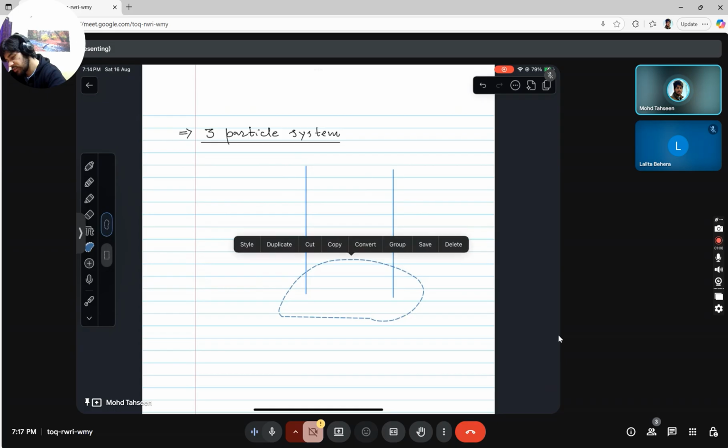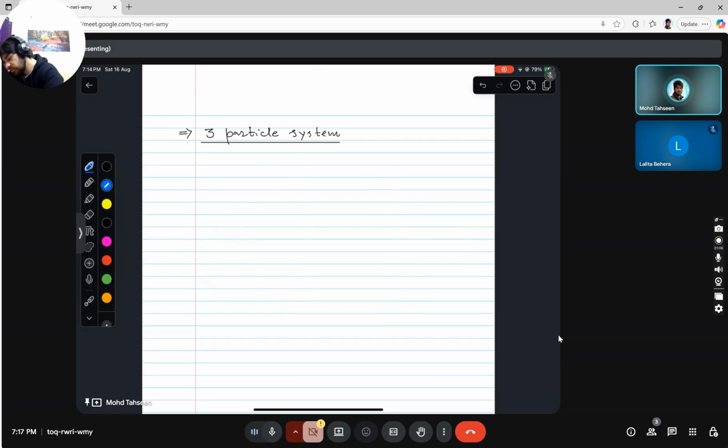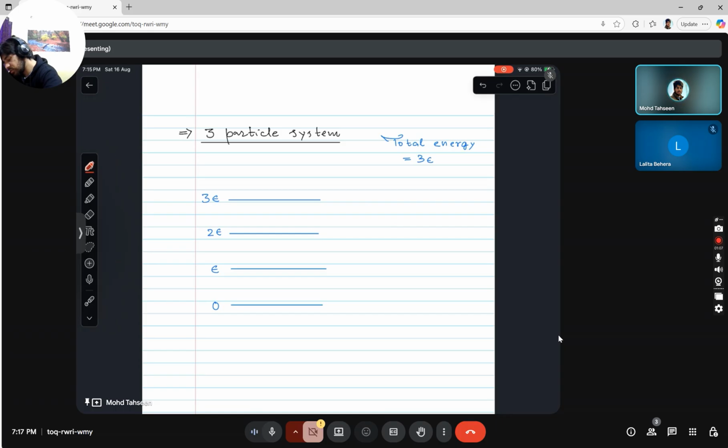This is our first energy level: 0, this is epsilon, this is 2 epsilon, this is 3 epsilon, and now we have 3 particles with the total energy 3 epsilon.